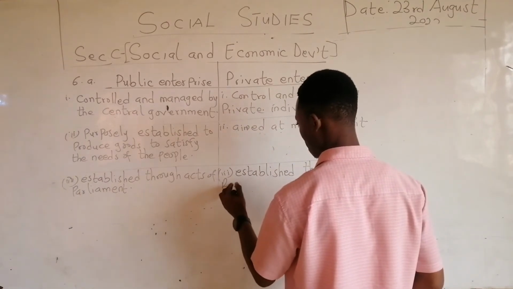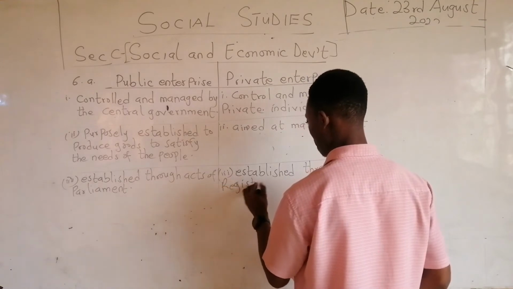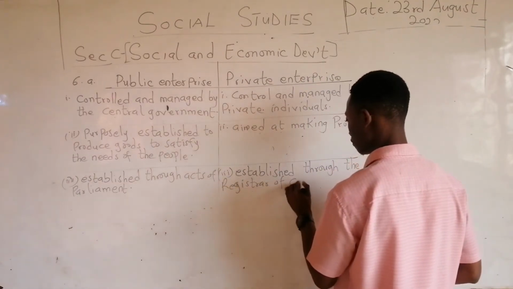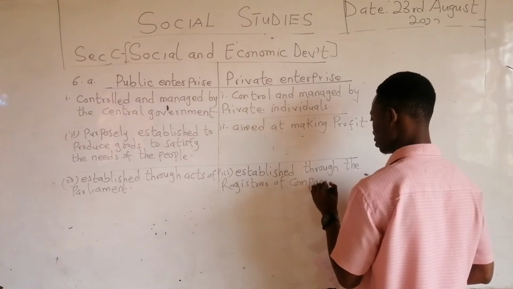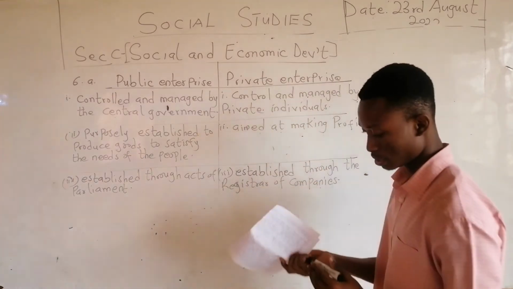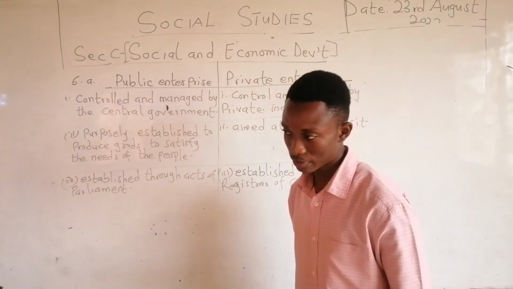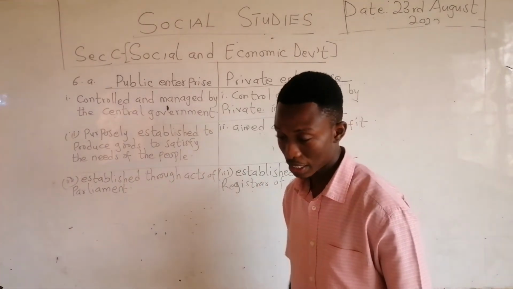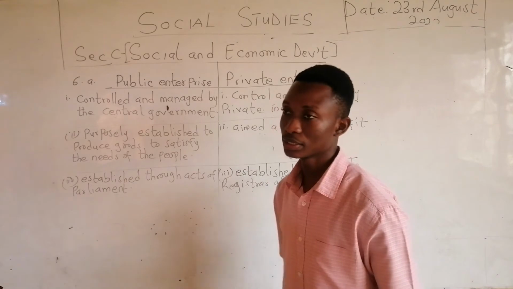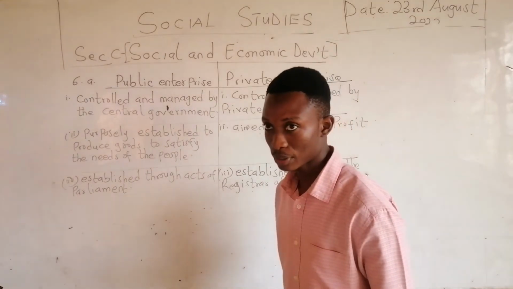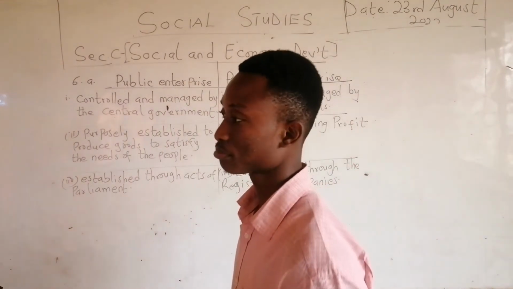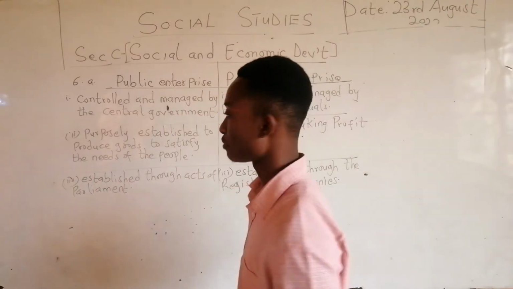We're going to talk about the board of directors: managed and controlled by a board of directors appointed by the government, versus managed by a board of directors appointed by shareholders or the private owner or the private individual.